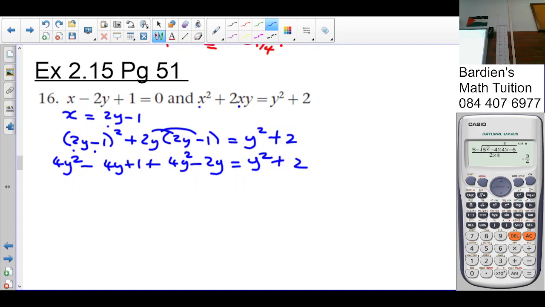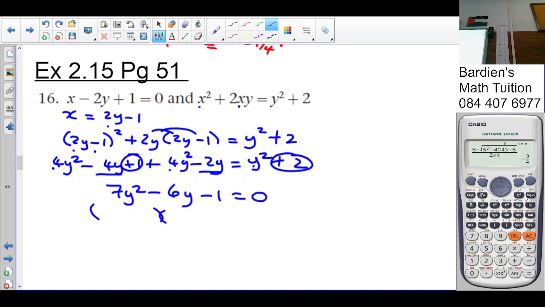Okay? So 4y squared plus 4y squared is 8y squared minus y squared is 7y squared. Minus 4y minus 2y is minus 6y. 1 minus 2 is negative 1. Either use the quadratic equation, or we can factorize.